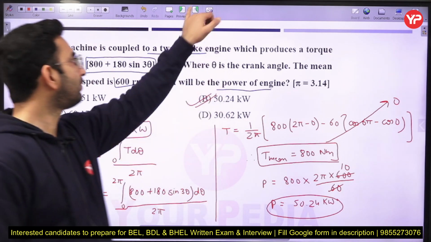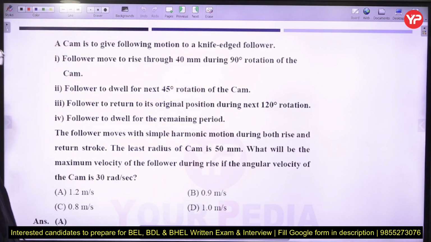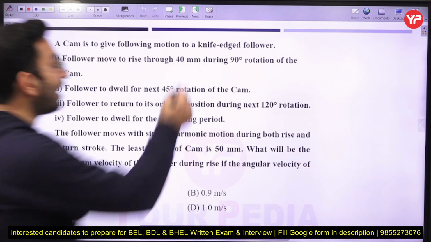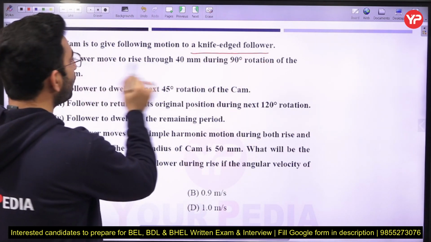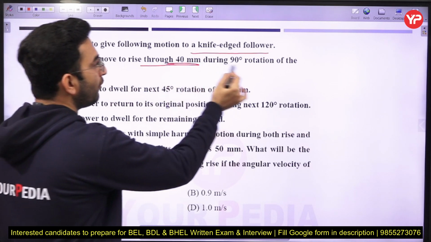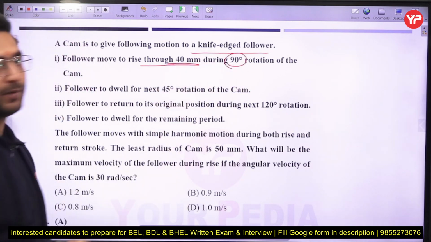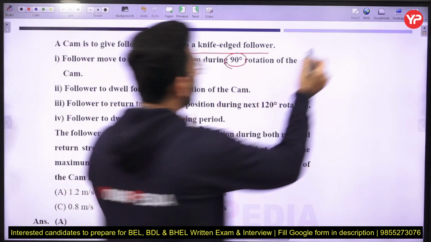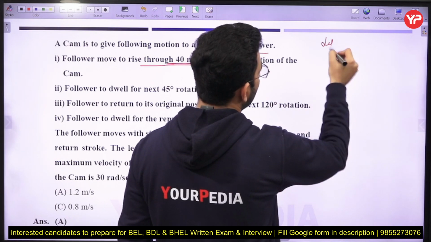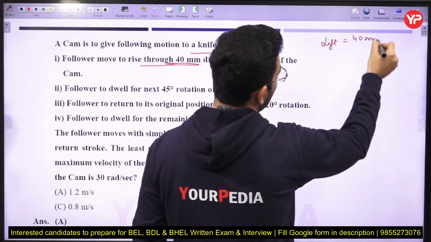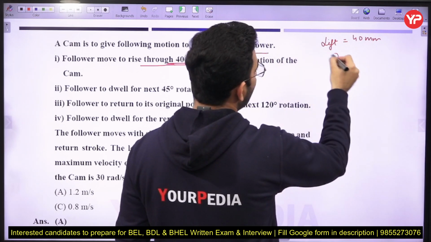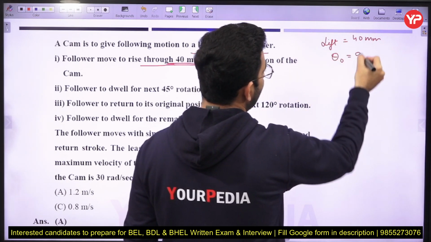Now the next part is, a cam is to give the following motion to a knife edge follower here. In this case, the follower moves to rise through 40 millimeter during the 90-degree rotation of the cam here. So we can say the lift is given to you as 40 millimeter, and the corresponding angle of ascent is 90 degree.